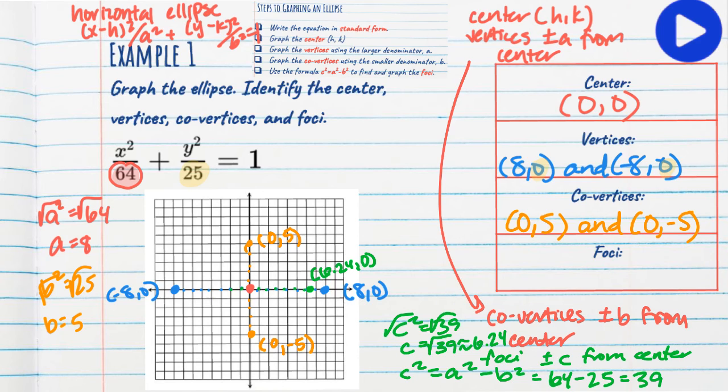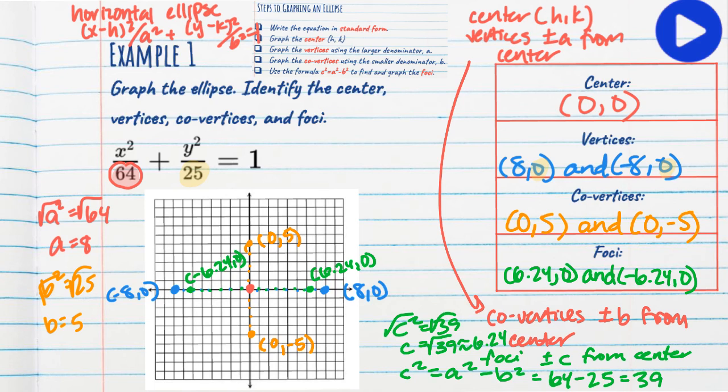And then to the left, 1, 2, 3, 4, 5, 6, and then just a little bit more. So our foci are (6.24, 0) and (negative 6.24, 0).